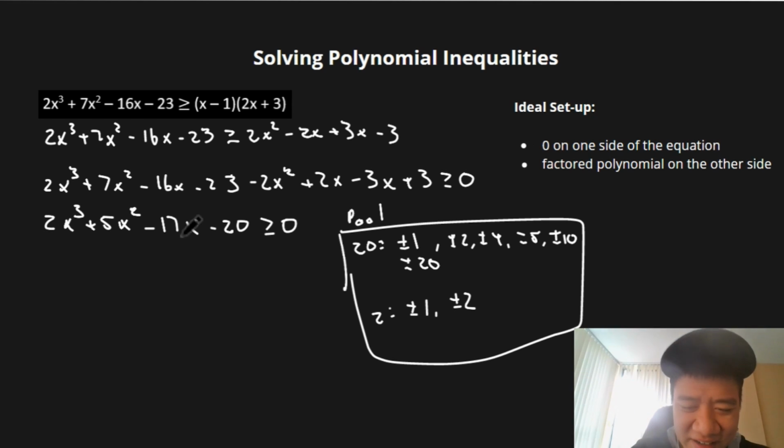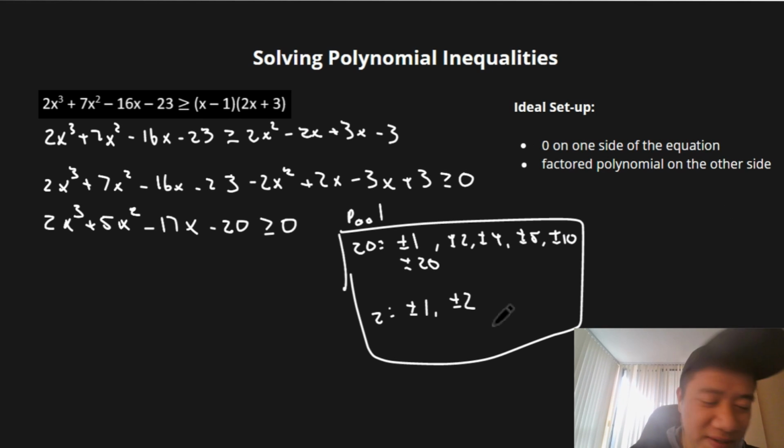Alright, so I'm not going to write all of the numbers out like I did before, to save some room and some time, but we're just going to test out all the possible ways you can match up these numbers with these ones, and we're dividing these with these guys. So it's like 1 divided by 1, positive negative 2 divided by 1, positive negative 4 divided by 1, positive negative 5 divided by 1, and so on and so forth. And if you have positive negative 1 divided by 2, positive negative 2 divided by 2, and all the combinations we can have with those. So yeah, let's do it.